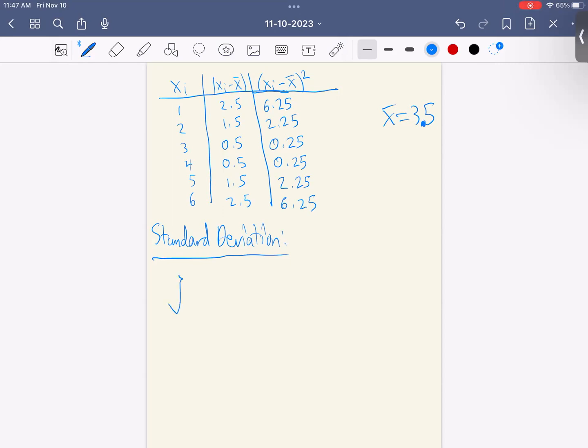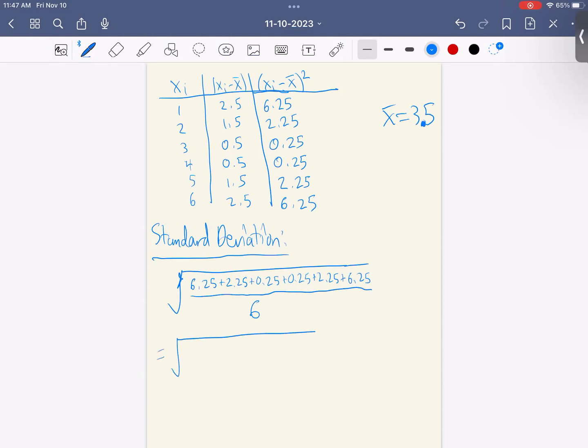Great. Okay, so for the standard deviation, we need to take the square root of what we get when we average everything in this third column. So we have 6.25 plus 2.25 plus 0.25 plus 0.25 plus 2.25 plus 6.25, all divided by 6 because we have 6 different measurements.